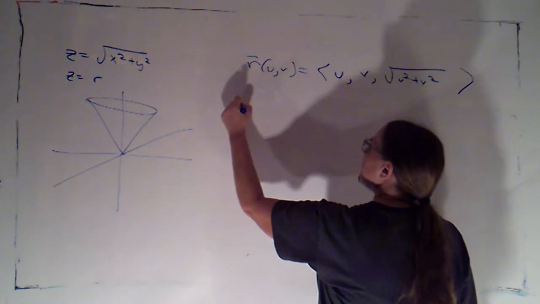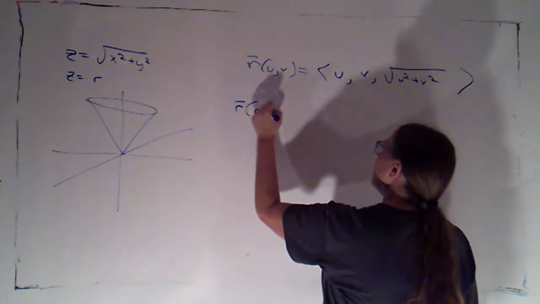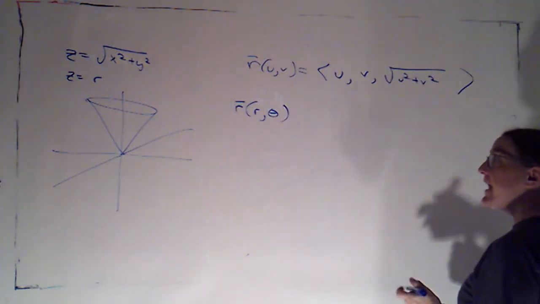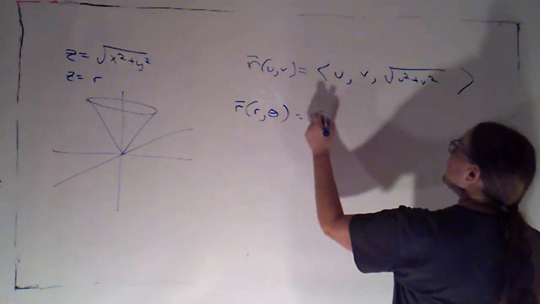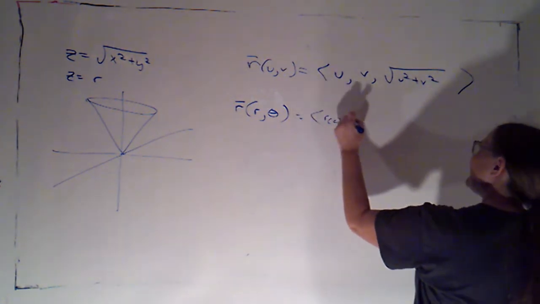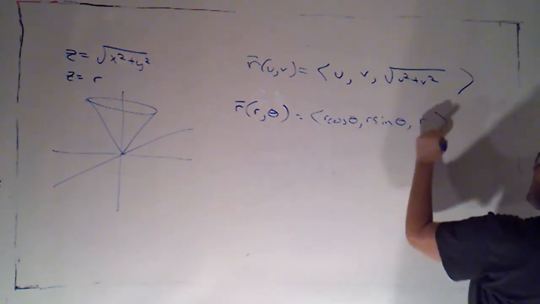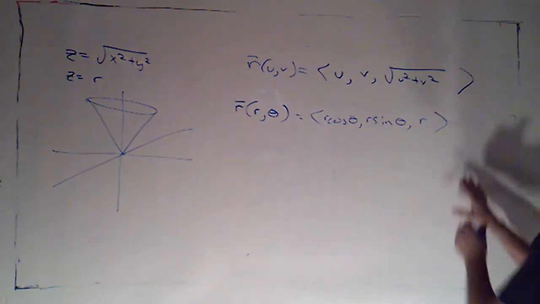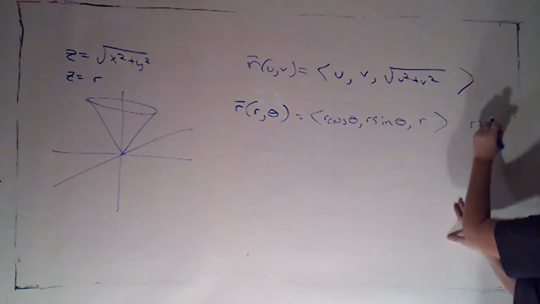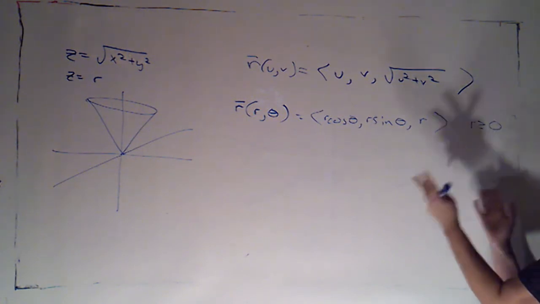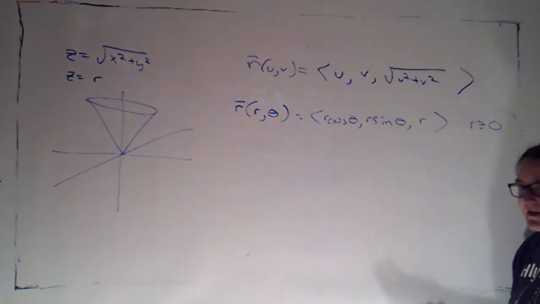And then I could describe this as r of r, theta would be r cosine theta is x, r sine theta is y, and r would be my z value. And I would just have to make sure that I specified, because there's nothing inherent that says that r must be non-negative.